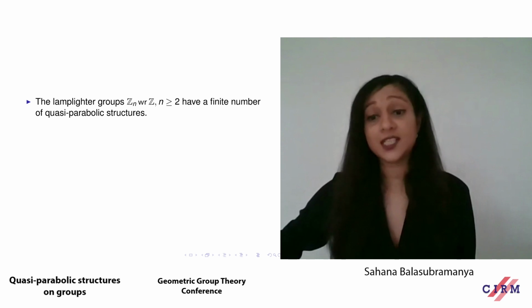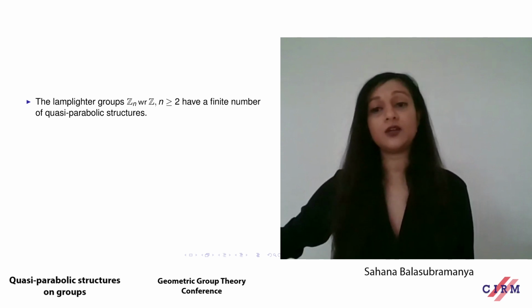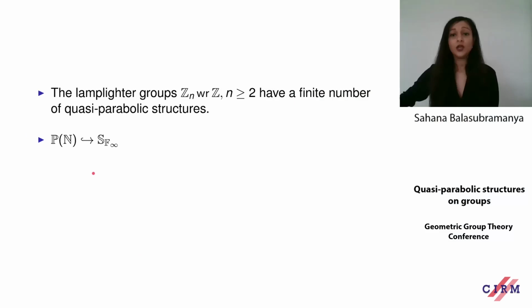And for the example, which is F_2 wreath Z, here's what we do. We start with P of N, and this is the POSET of the subsets of the natural numbers ordered by inclusion. And I embed this POSET into the proper subgroups of F infinity. So F infinity here is the free group on countably infinitely many generators.